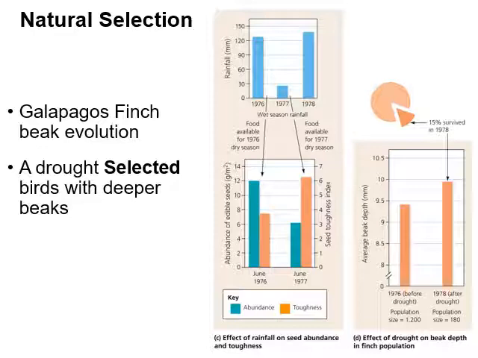A couple of scientists in the 1970s by the name of Peter and Rosemary Grant did some incredibly important research on natural selection of a particular species of finch on a particular island in the Galapagos known as Daphne Major. They were studying something known as medium ground finches on this particular island.